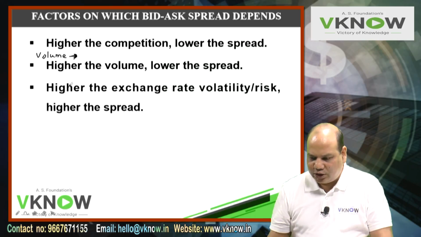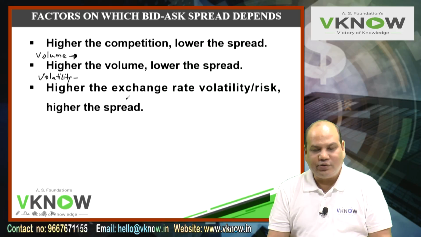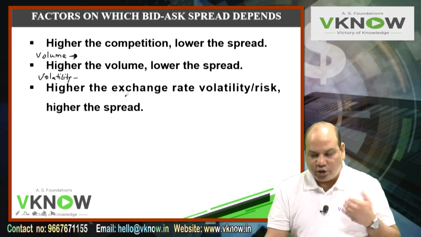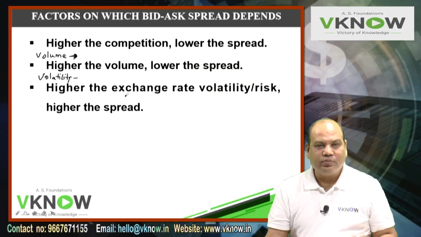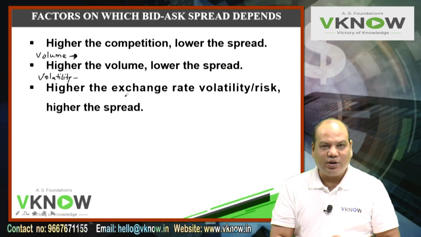Third factor is volatility. The foreign exchange rate is fluctuating every minute. So the bank or dealer who keeps foreign exchange with them is exposed to that volatility risk. In order to protect themselves from loss, they will keep the margin high so that to some extent they are covered.